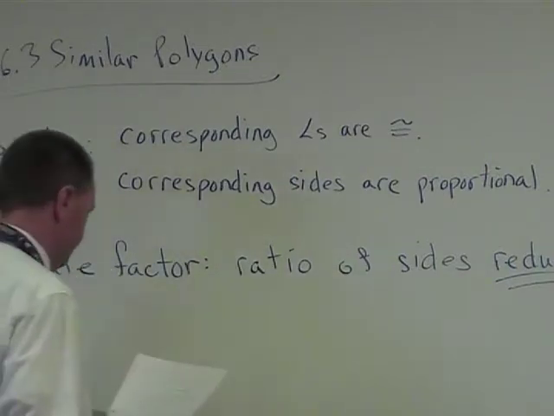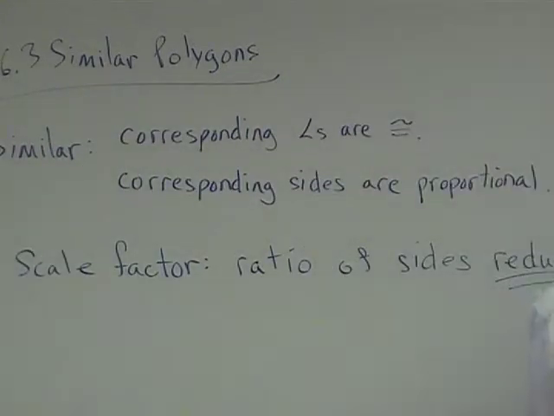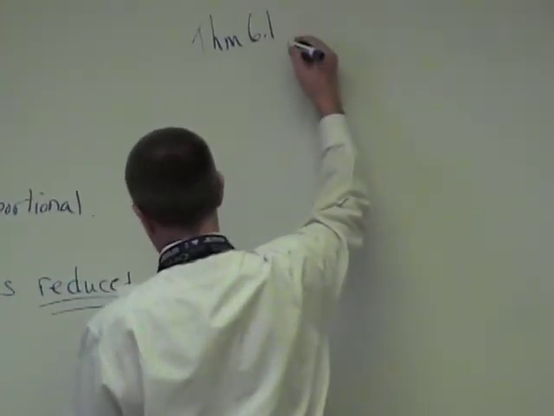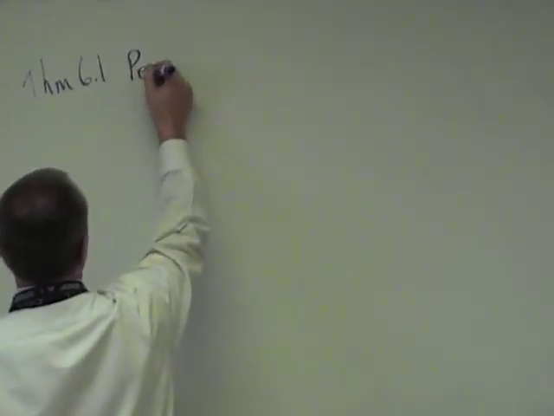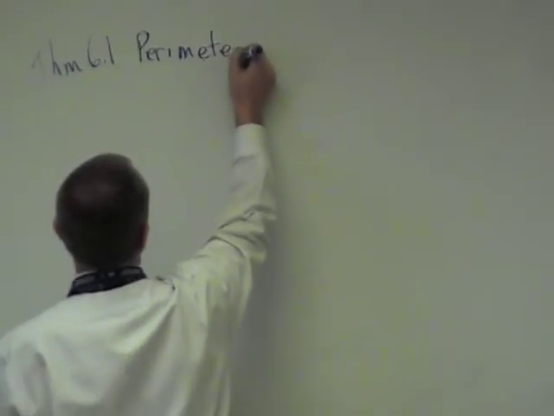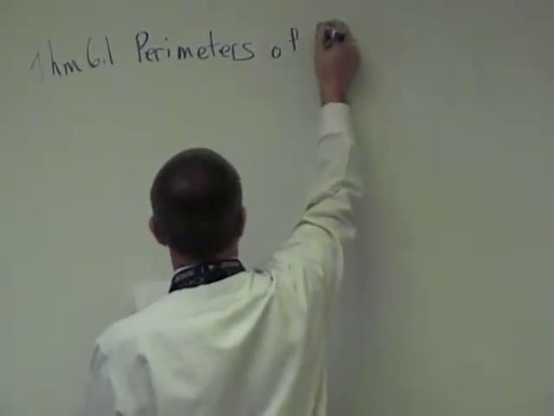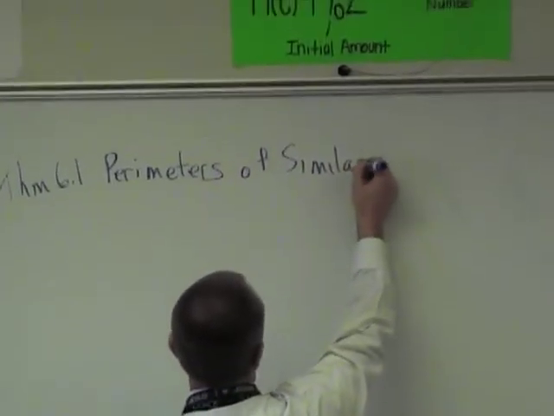Okay. Theorem 6.1. Perimeters of similar polygons.